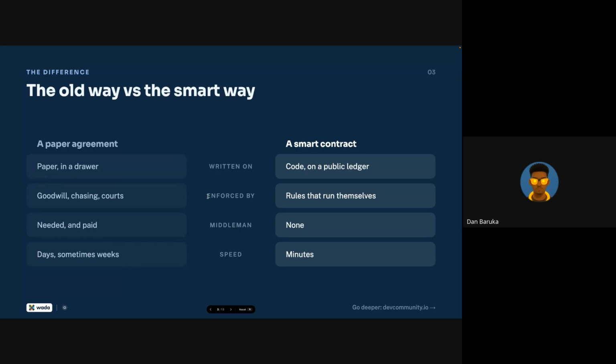When we are talking about what enforces it, when you are using paper, you need goodwill, courts, or lawyers. But for smart contracts, you just need rules running themselves. So once you have the rules running in the smart contract, nothing else is needed. Everything will be decided inside the smart contract.